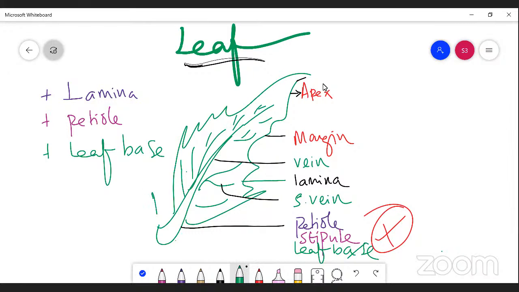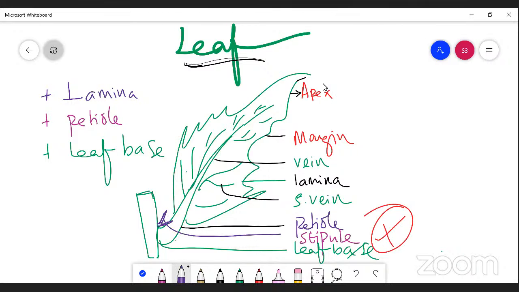My dear students, the stem is where you find the leaves attached, with the help of a sheath-like structure that is called the leaf base, right? Sometimes from the leaf base, you find a pair of leaf-like structures that are called stipules, right? What is it called? Stipules.